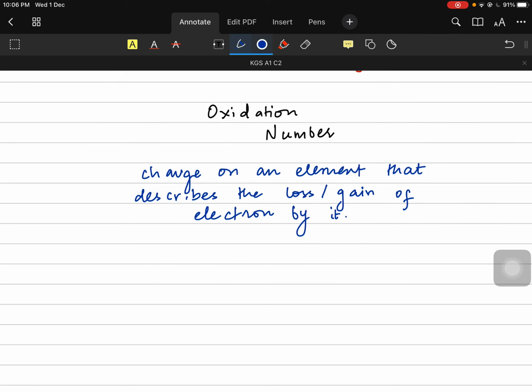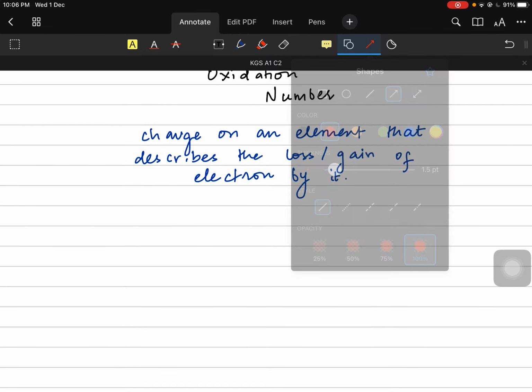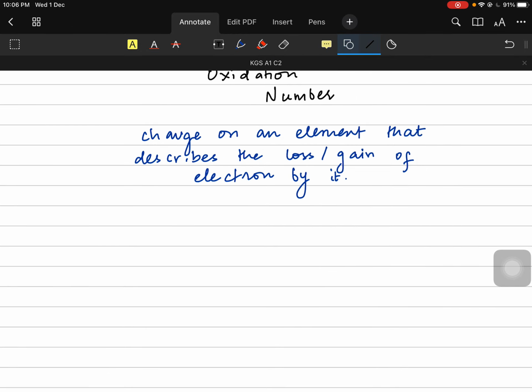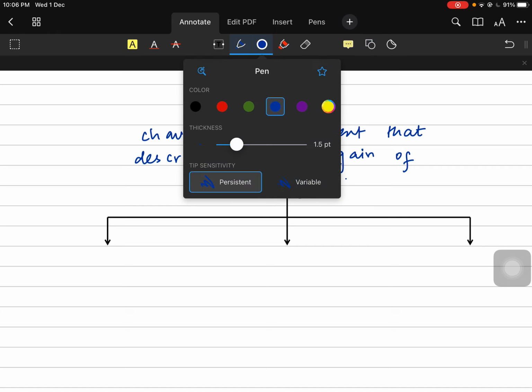Oxidation number could be of three categories. For any element, it could be very simply a zero oxidation number, it could be a positive oxidation number, it could be a negative oxidation number.